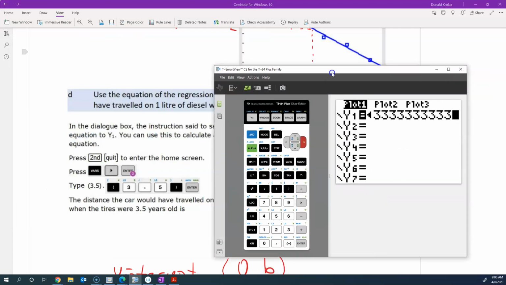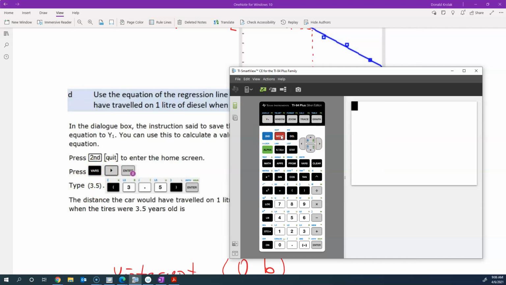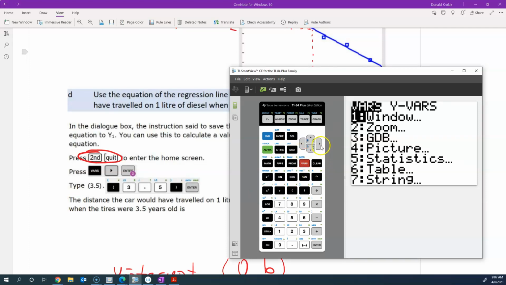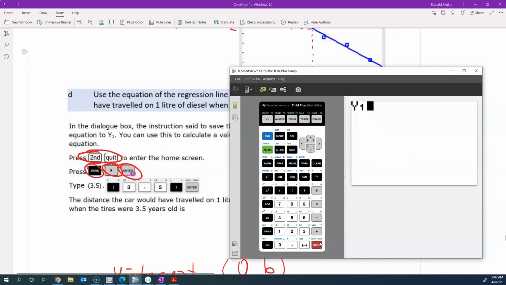Here's how you do it. You're going to press variables. Go second, quit, to get to your home screen. Now variables, right arrow, enter, enter. Now put in that decimal.